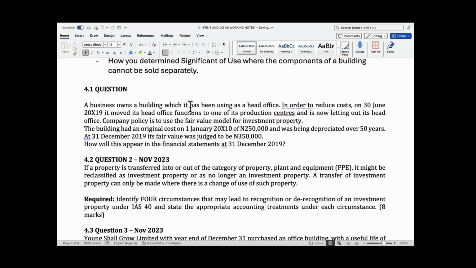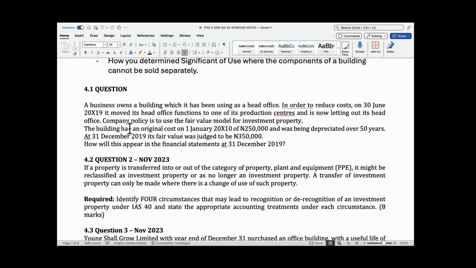it has been using as head office. And it says, in order to reduce costs, on 30th June 2019, it moved its head office function to one of its production centers and is now letting out its head office. So company policy is to use fair value model for investment property.